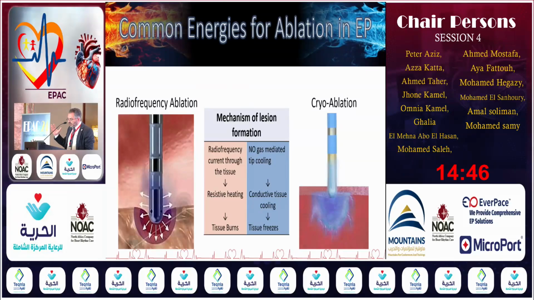So far, most commonly, I would say, we have PFA already, not in Egypt yet, but most commonly the energies we use for ablation are either radiofrequency or cryoablation. Now, they differ fundamentally in the way they work. In radiofrequency ablation, we send electrical current through the tip of the catheter that passes through the tissue, and the resistance to the flow of electrical current in the tissue is what produces the temperature, the heat.